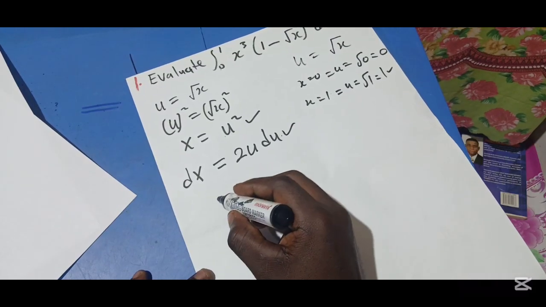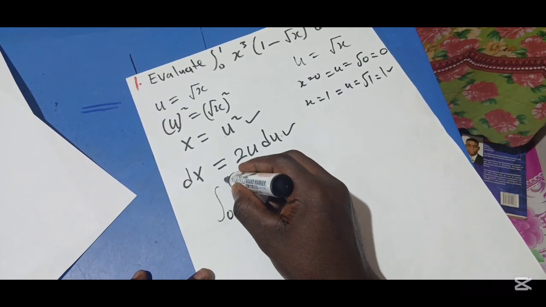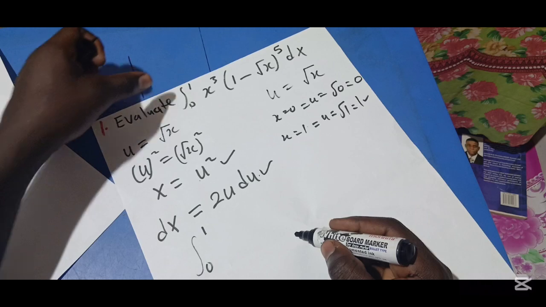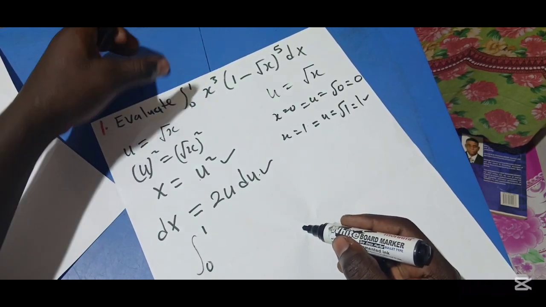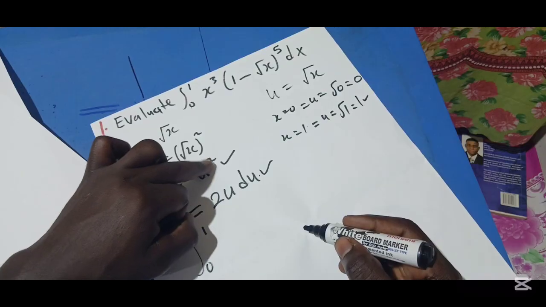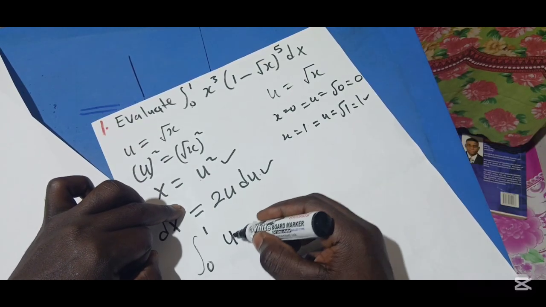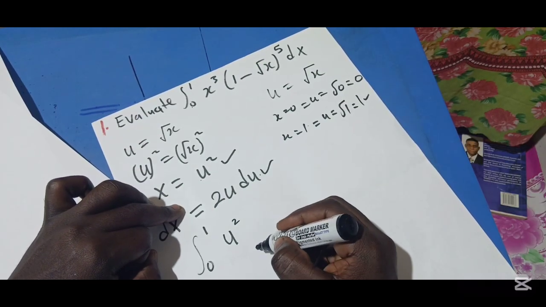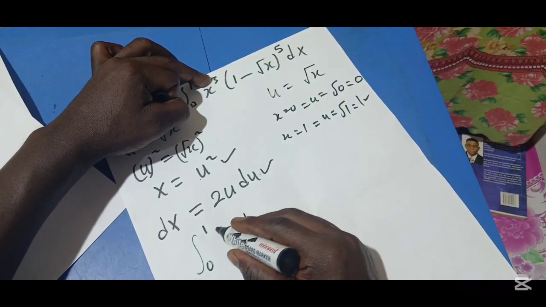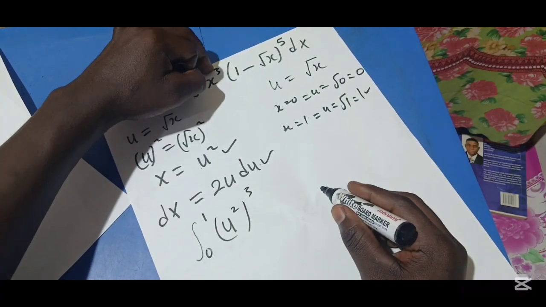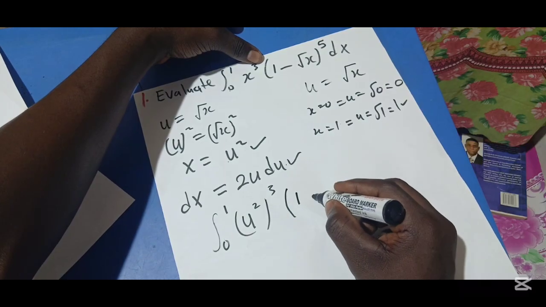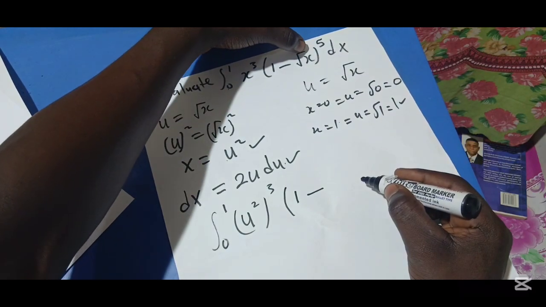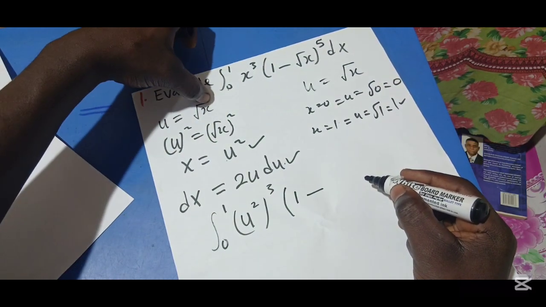So our integral from 0 to 1, x to the power 3. Now we know what corresponds to x: x equals u squared. So we are going to get u squared all raised to the power 3, into bracket 1 minus, we said u is equal to root of x.